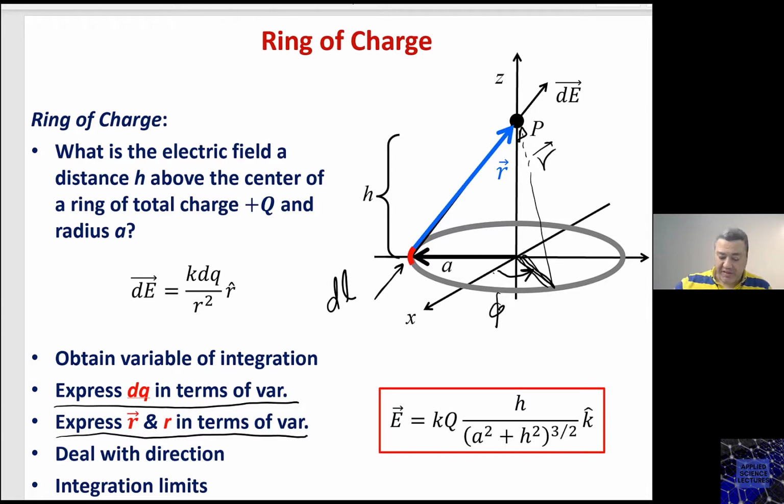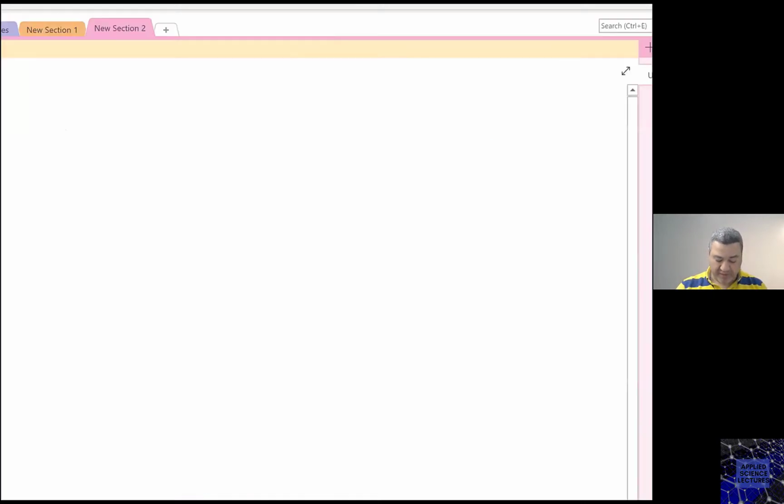Since it is a circular shape, I have the radius here as a constant, a, and I can use phi as the variable that I will be sweeping from 0 to 2 pi. So let's go and derive the electric field for this problem.